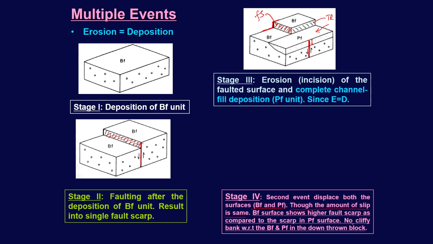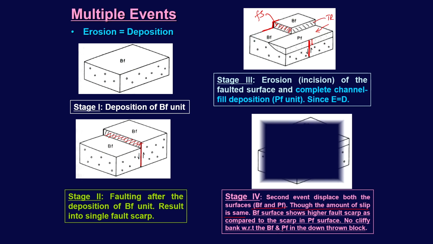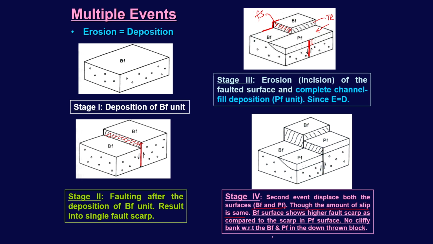Okay. No cliffy bank with respect to the BF and PF. Okay. So we don't see the terrace riser on the downfaulted side, but we see the scarp over here, which has a greater height here, and then you have another which you see here.